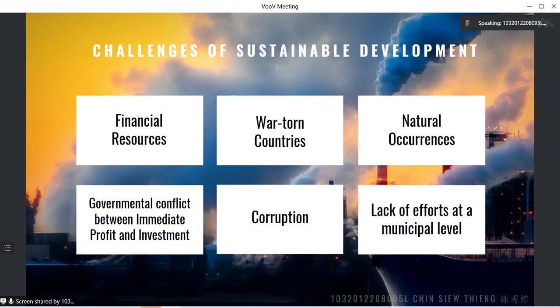The third one is natural occurrences. Natural occurrences can be natural disasters such as tsunamis, earthquakes, or floods, which can also be categorized in this area. For example, Japan is known as a highly active volcanic area, where they are unable to really generate nuclear power.